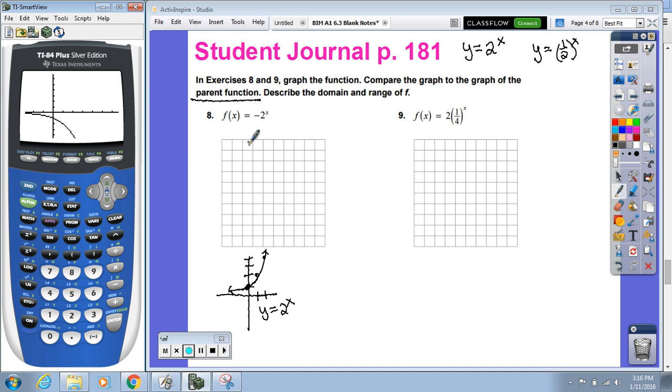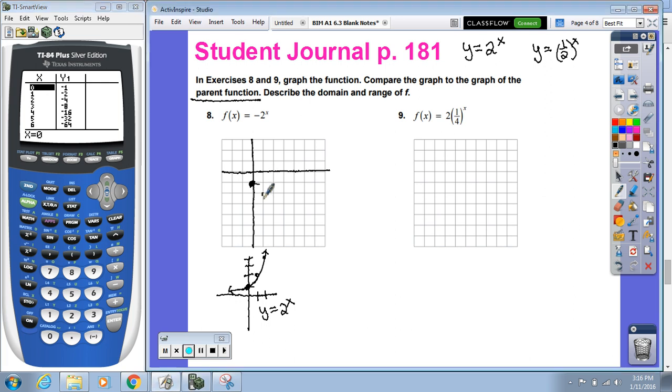Notice now what happens, and I'm going to go ahead and graph this on our graph paper. So what happens now is it has an intercept at -1, and then if you look up its points, you can either look on the graph or you can go and do second graph. It pulls up your table. So it's going to have a point at 1, -2, and at 2, -4.